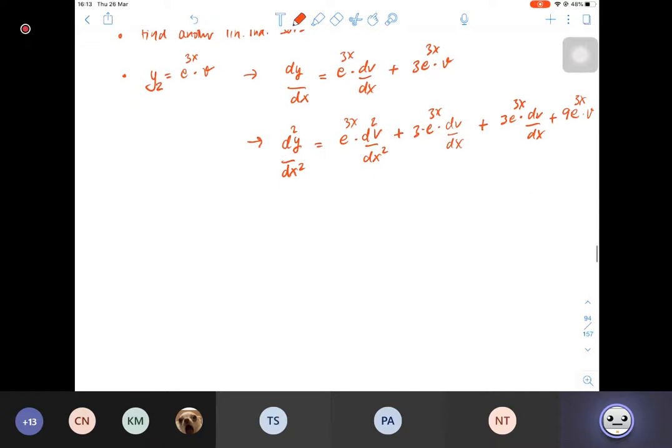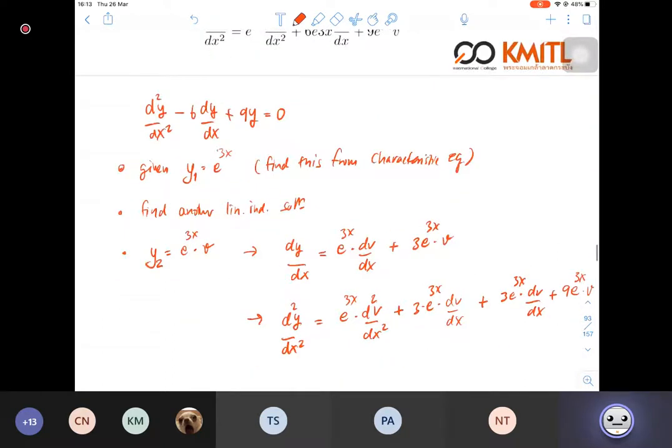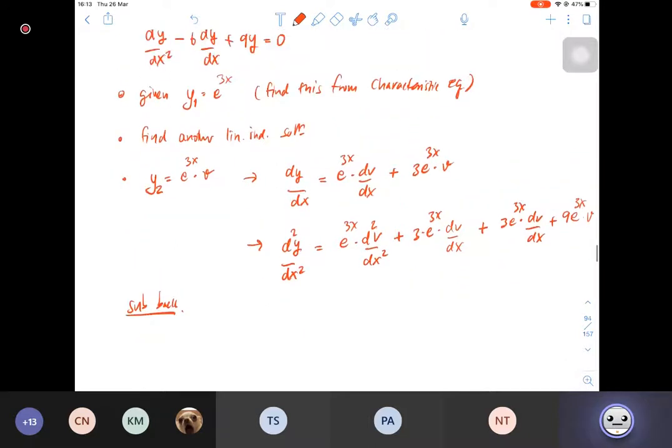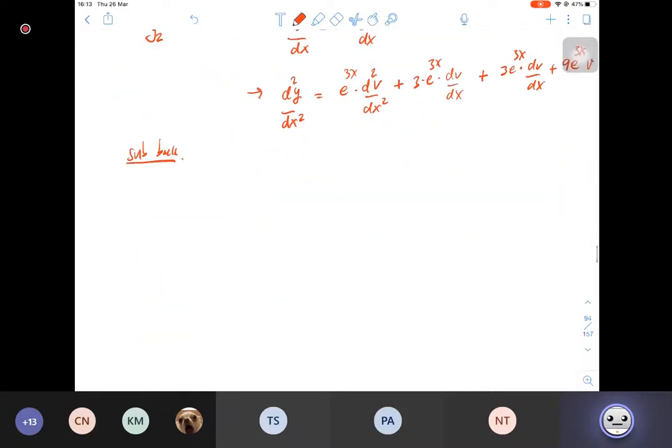Should be correct. Okay. So next, you're going to substitute that back, right? What you have here is d squared y by dx squared, which is e to the power of 3x v double prime, right?